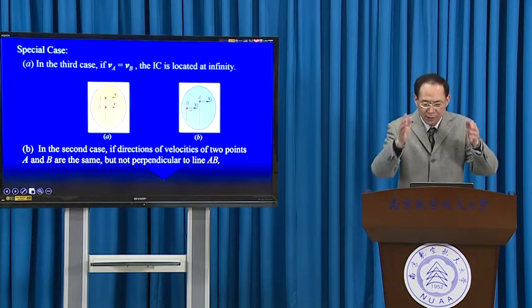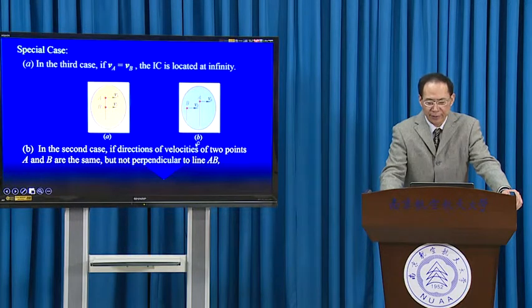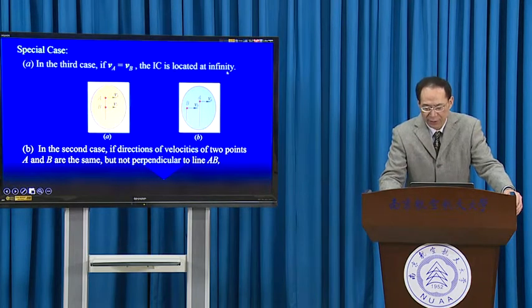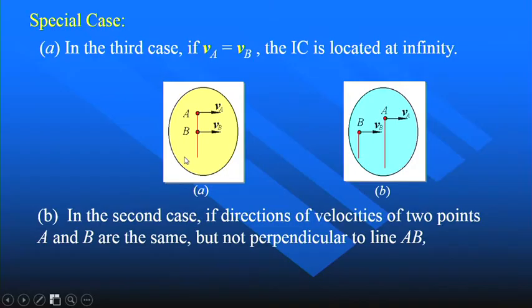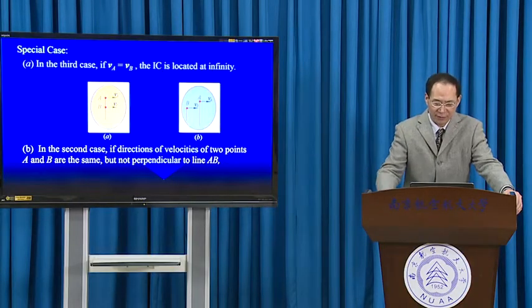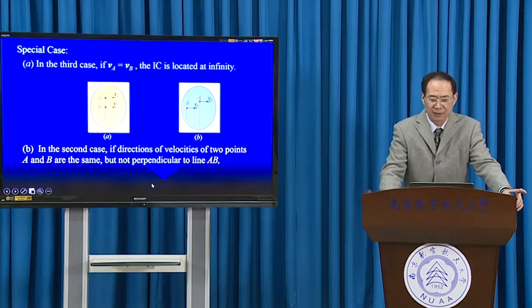We draw perpendicular lines to both velocities, and they will also intersect at infinity. So in case B, we also get the IC at infinity. So both cases A and B are very special. What is the meaning of an IC located at infinity? Just think.